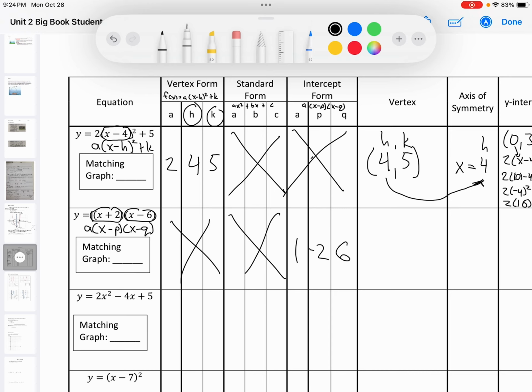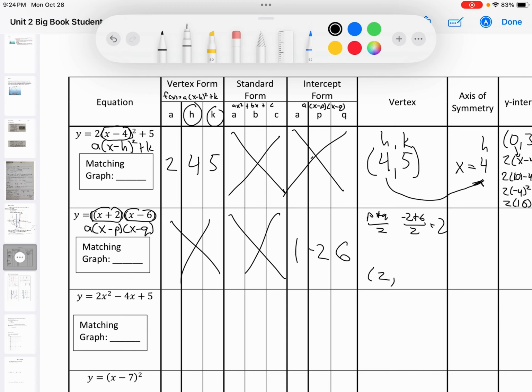To find the vertex, the first thing we need to do is find p plus q divided by 2. So for this case, it would be negative 2 plus 6 divided by 2, which gives me 2. So the x value for my vertex is going to be 2.